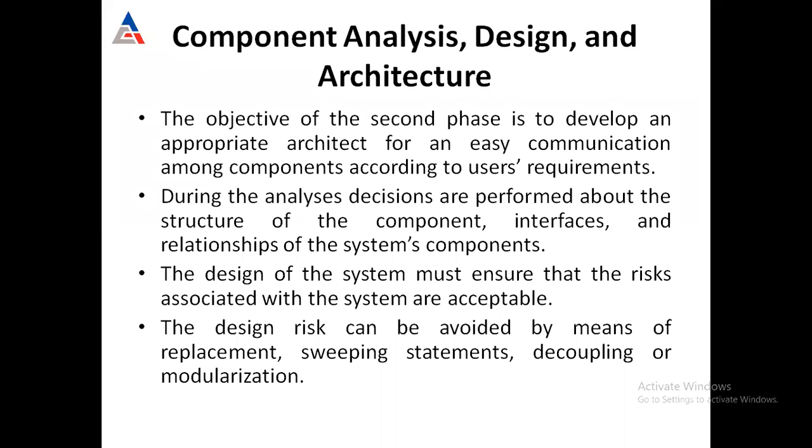What is the relationship or interface between the previous and new components, what is the relation among the previous components themselves, and what is the communication and interface among the current components. So we have to explain all this in the architecture of the component.